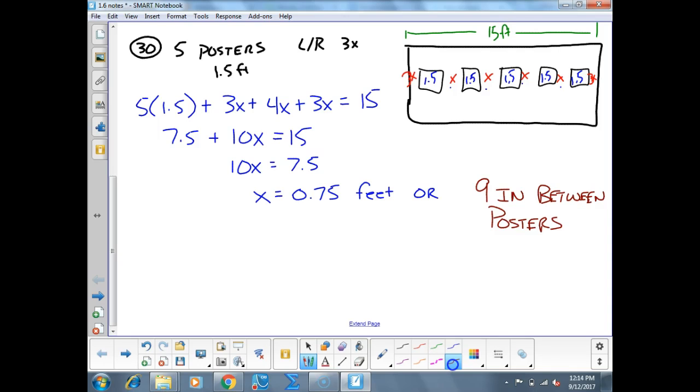So we had 9 inches in between, and then 27 inches on the left and right sides. Or, what would that be? 2.25 feet.